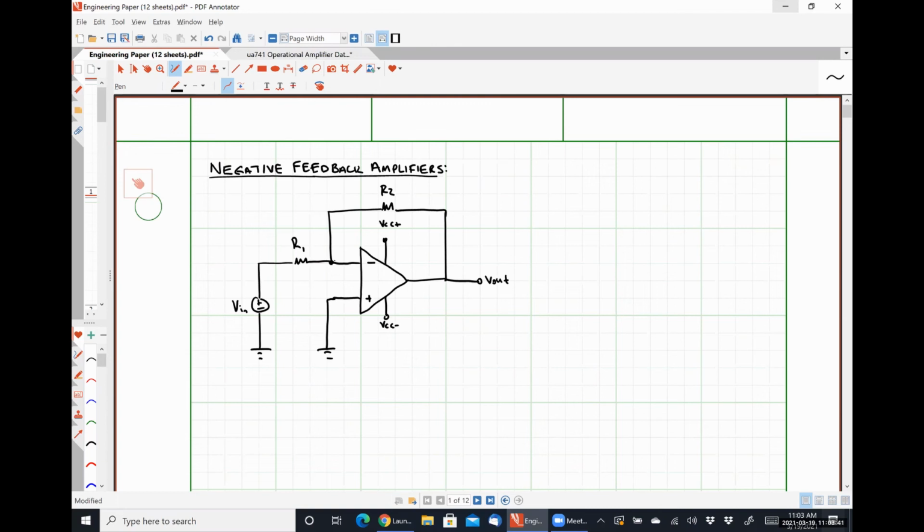So this is going to be a numerical problem, so I need to define a few parameters. Let's first say that our resistor R1 has a value of 5 kiloohms. Let's say resistor R2 has a value of 10 kiloohms. The input resistance of the op-amp is 1 megaohm. The output resistance of the op-amp is 100 ohms.